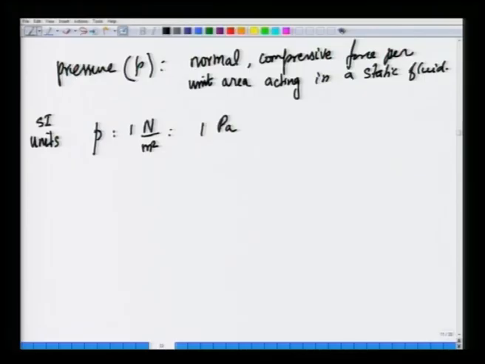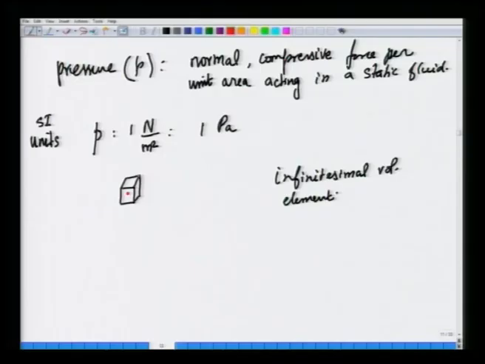Okay. We also showed in the last lecture that suppose I take a point in a fluid, and I construct a tiny, infinitesimal volume element about that point, and then I ask the question, what is the value of pressure?